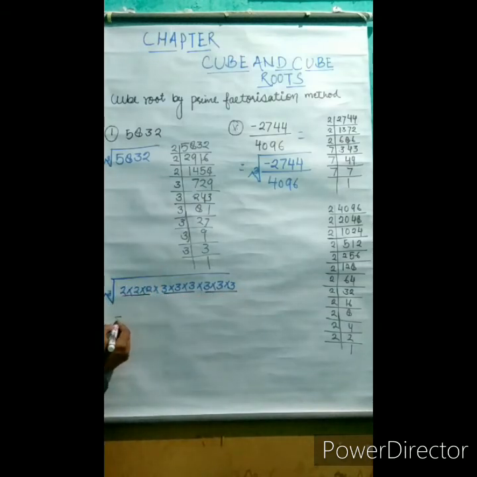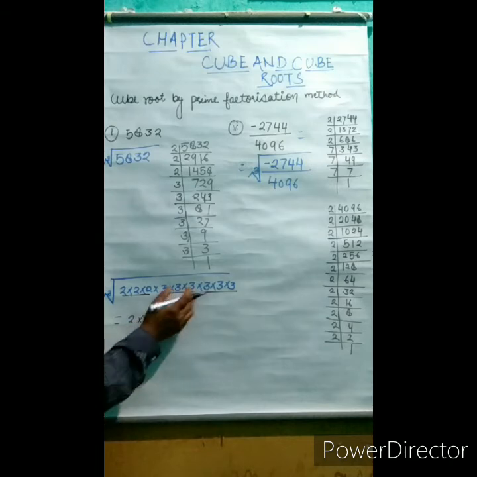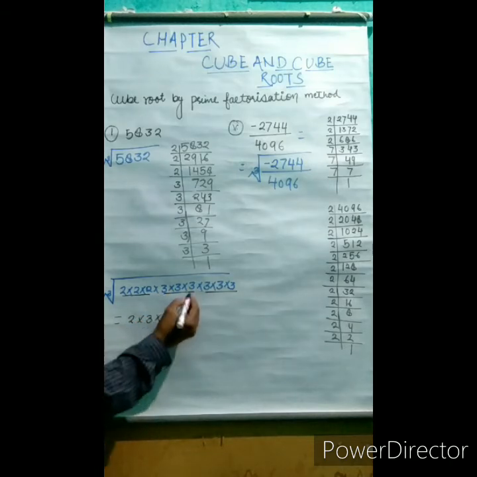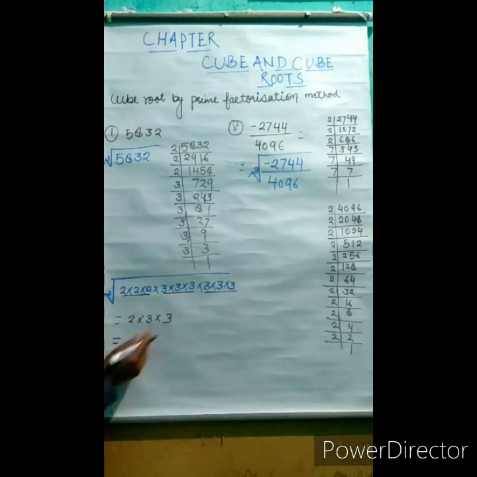From each group you take one outside: 2, from this 3, from this one more 3. So 2 into 3 into 3 is 18. So this given number is the cube of 18. Sorry, 18, not 19.